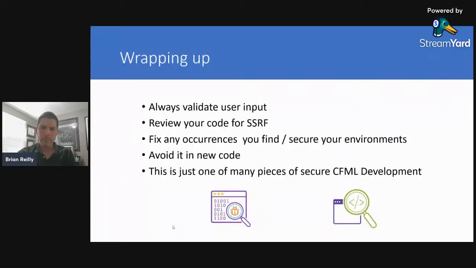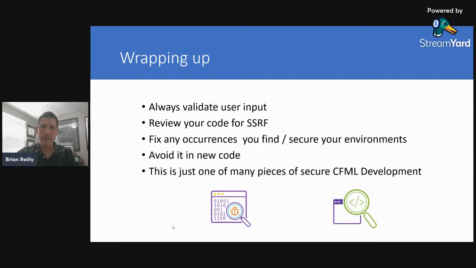Okay, so as we start to wrap up and wind down a little bit, you have a list of vulnerable tags and vulnerable functions. You're going to want to review your code for those and look to see, do you have possible instances of server-side request forgery? Across the board, you always want to validate user input.